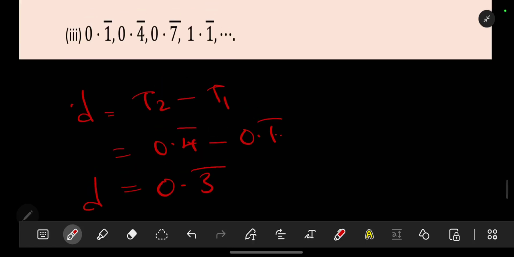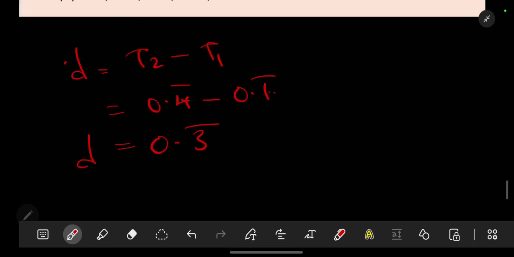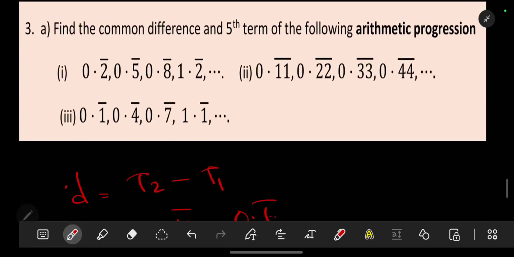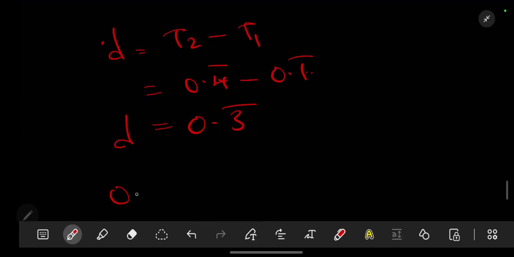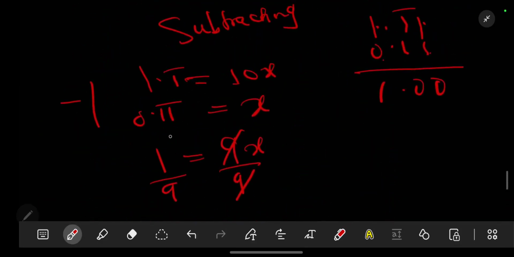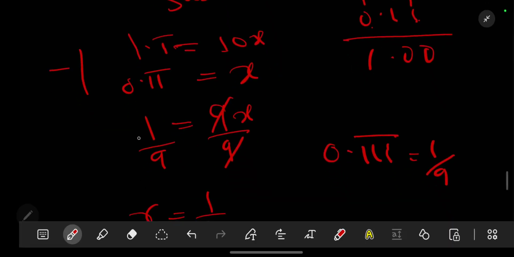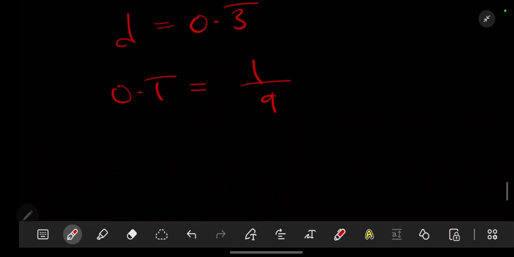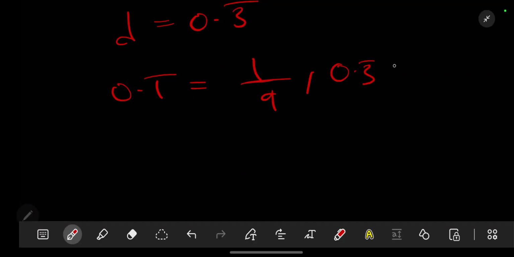So converting. Remember, this is 0.1, so there is no need for us to convert it for now, because 0.1 we have already discovered that it is 1 over 9. It is the same as this number that was there, 0.11. Even if it's 0.111 bar, as long as there is a bar, it will still be 1 over 9. We have found it, it's here. So our 0.1 bar is 1 over 9. We have also found the 0.3 bar, which was found to be 1 over 3.